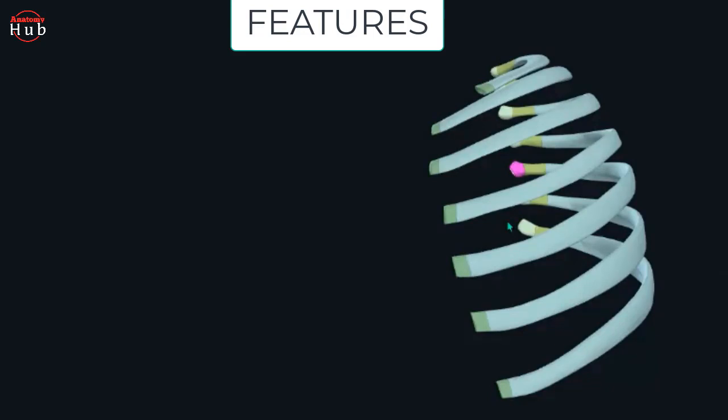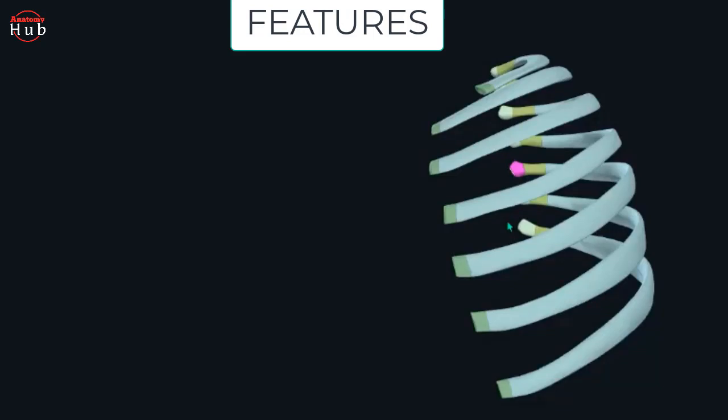Some of the ribs like 8th, 9th, 10th are indirectly articulating with the sternum through the 7th rib. But some other ribs like 11th and 12th don't have an anterior articulation. That's why they are known as the floating ribs. They have articulation only at the posterior end of the rib.